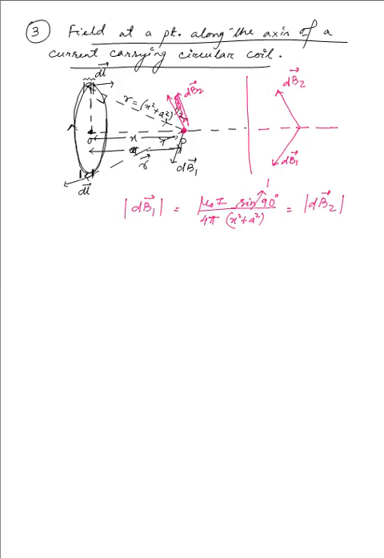So, just drawing the same thing in a separate frame, we are going to have two components of each of those vectors.